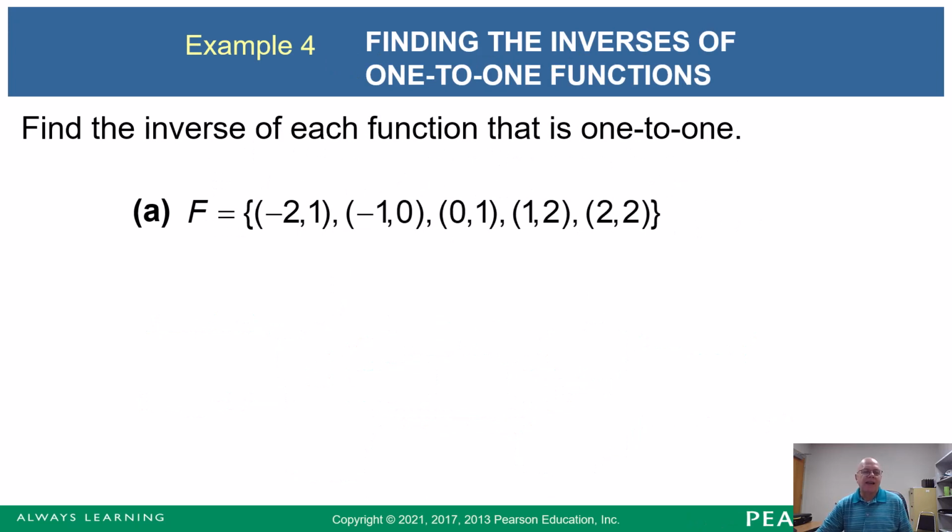Here's an example that has ordered pairs, which makes it pretty simple. What's the inverse of this function if it's one-to-one? First of all, is it one-to-one?